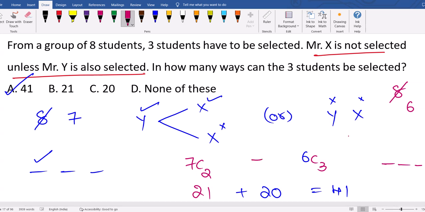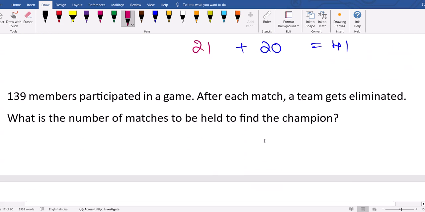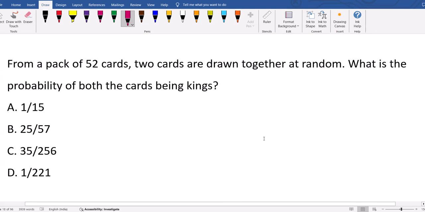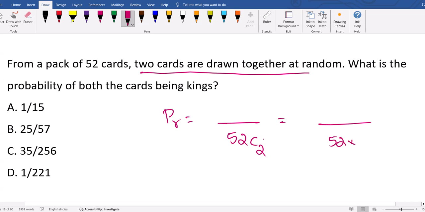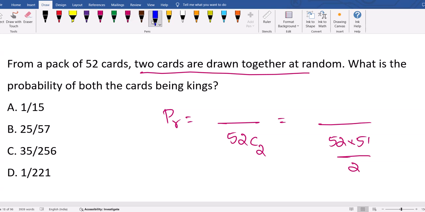Or means plus, addition. Now see this next question, probability related. How many cards are to be drawn? Probability is favorable out of total. Total out of 52, you need to draw 2 cards, so 52 into 51 divided by 2. Favorable: we need to draw 2 cards, both must be kings.